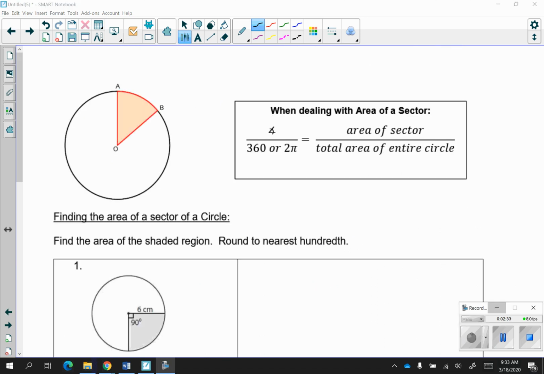The math that I'm going to show you is not new, just the concept is. If we are dealing with the area of a sector, you see that it's this little piece that's shaded in compared to the area of the entire circle. So technically it is a little to big problem, and you're all familiar with little to big.